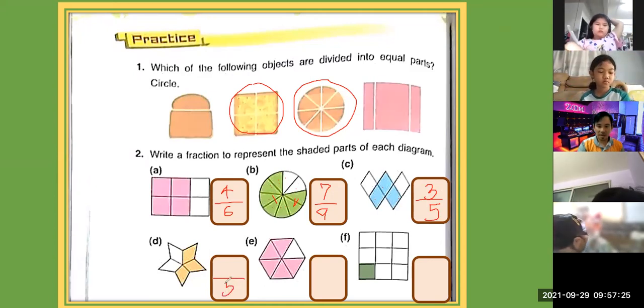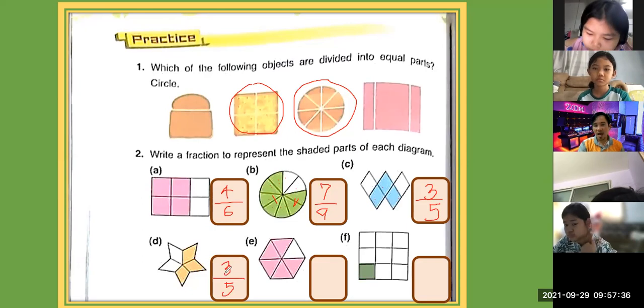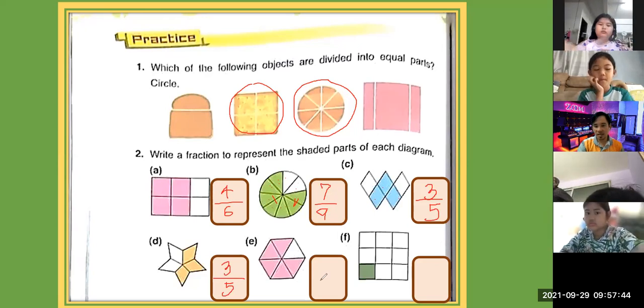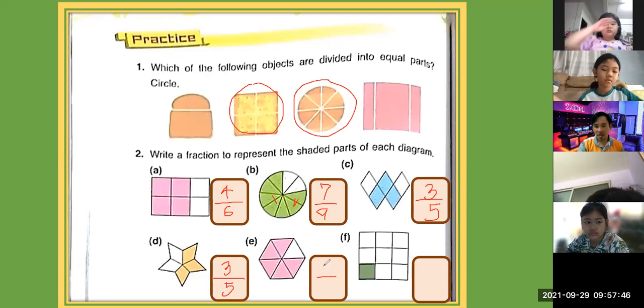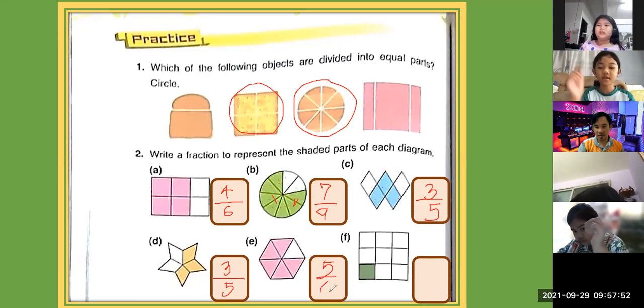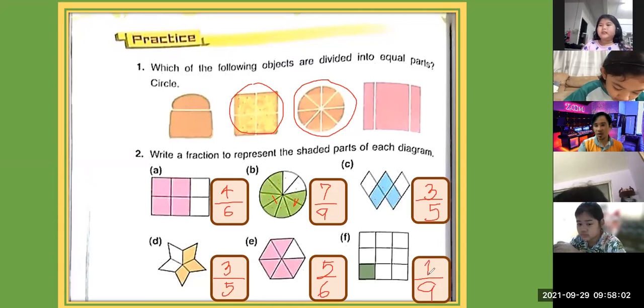How many parts were shaded? 1, 2, 3. So that is 3 over 5. How about in letter E? How many equal parts? 1, 2, 3, 4, 5, 6. So that means here 5 over 6, right? And here letter F is 1 over 9 or 1/9.